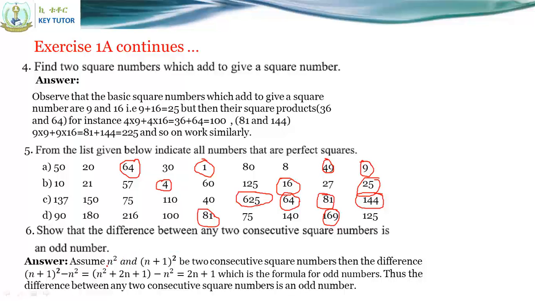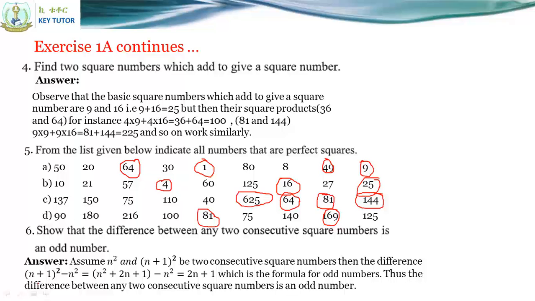Consider an arbitrary natural number n, and n plus 1 will be the next natural number. So the squares of these, n squared and n plus 1 squared, give us consecutive square numbers.